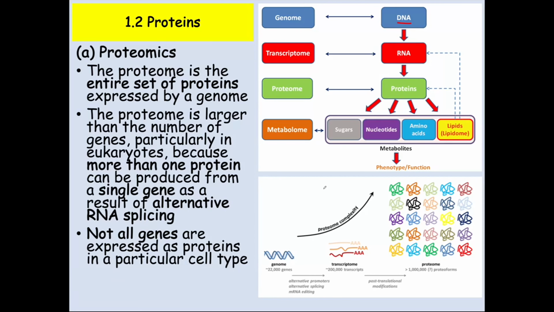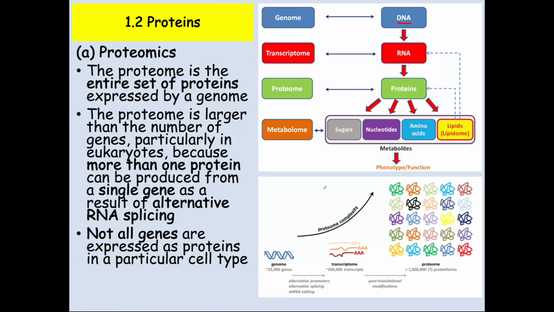So that means we need lots of variants through alternative RNA splicing to produce all of those different proteins. So the proteome is larger than the number of genes, particularly in eukaryotes like ourselves, because more than one protein can be produced from a single gene as a result of the alternative RNA splicing, as we just discussed. But not all genes are expressed as proteins in a particular cell type, okay?